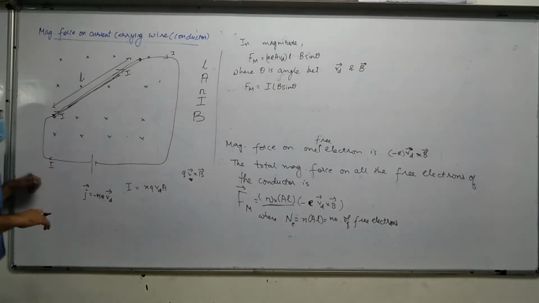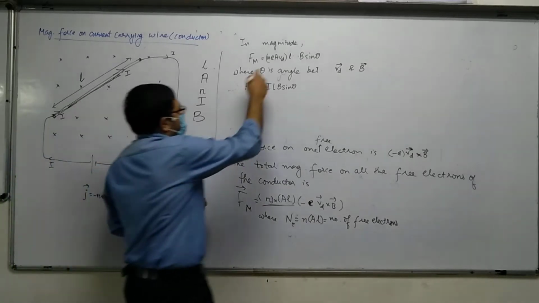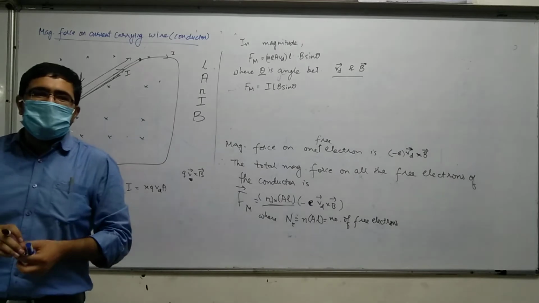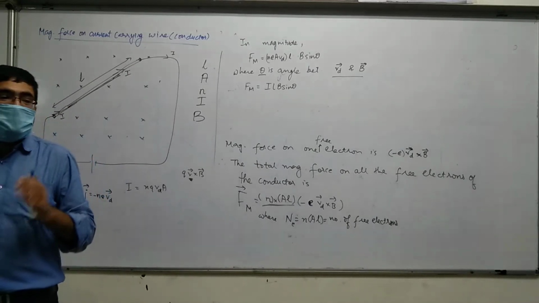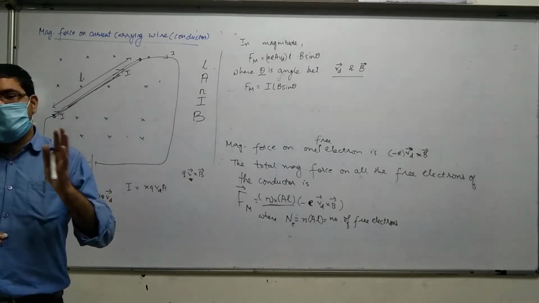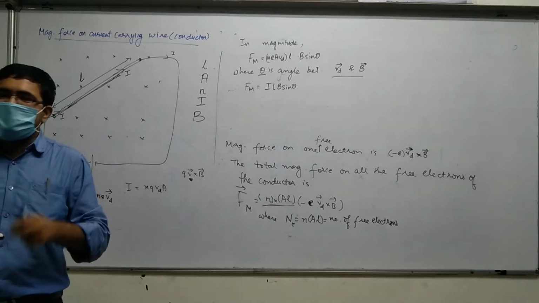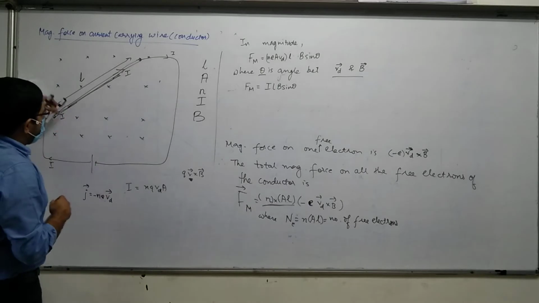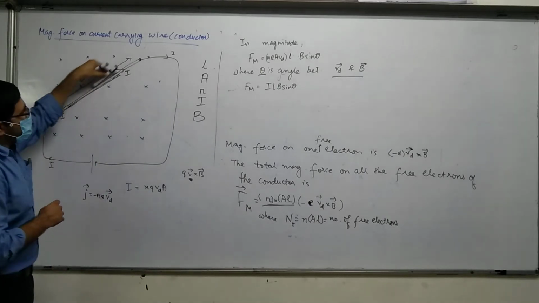What this means is that instead of saying theta is the angle between v_d and B, equivalently we can say that theta is the angle between the current direction and the magnetic field. Still it would give us the same answer. Flow of positive charge will be from this point to this point.